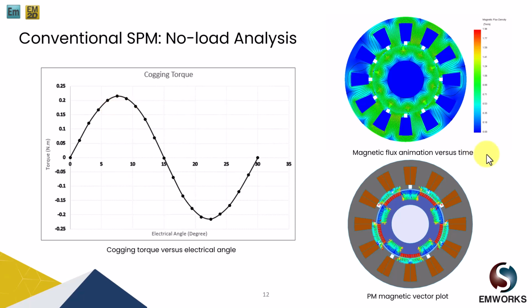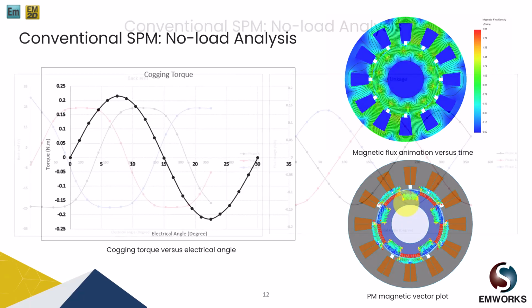Also we obtained its magnetic flux animation at base speed, and as we can see, the flux passes from one pole to the next pole in a radial fashion. And at the bottom you can also see the permanent magnet vector flux plot.